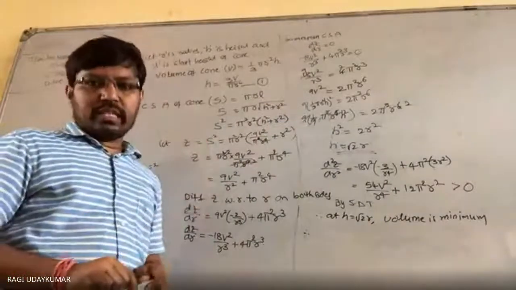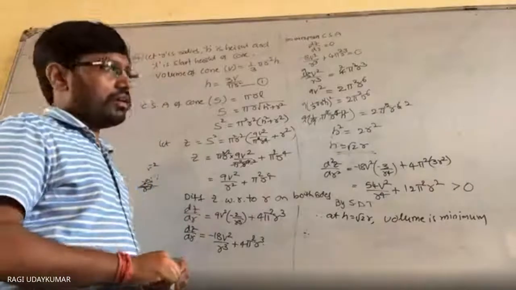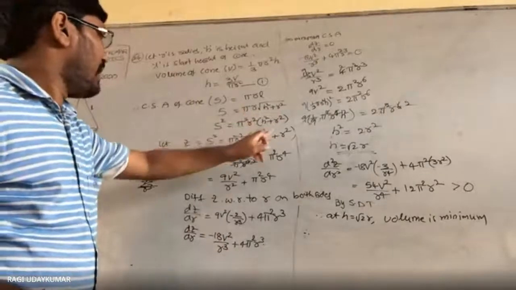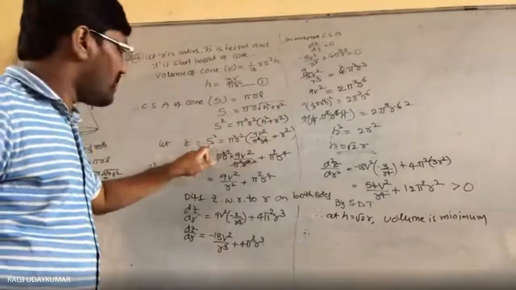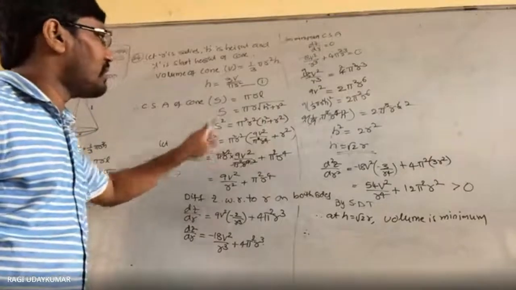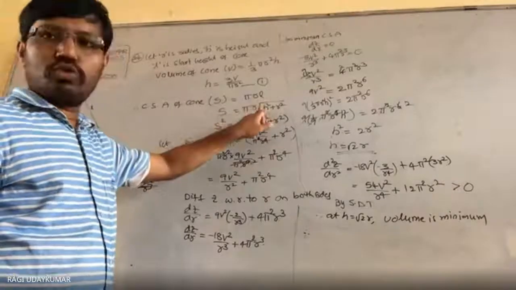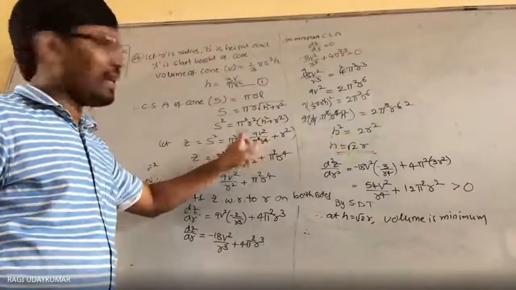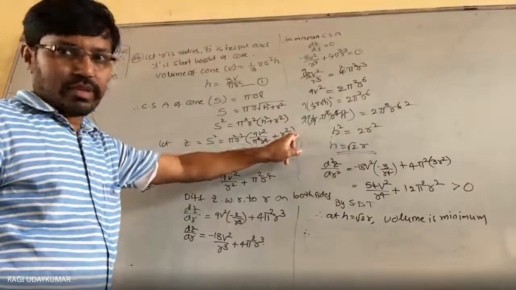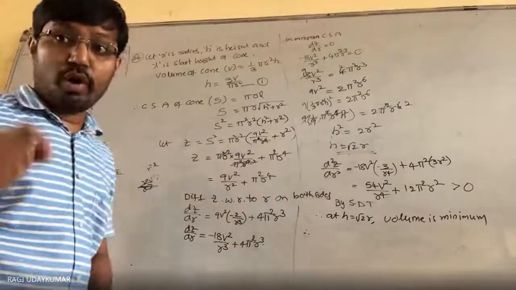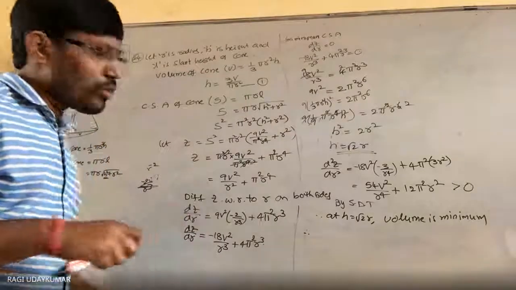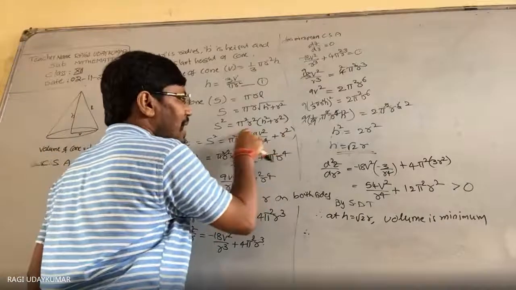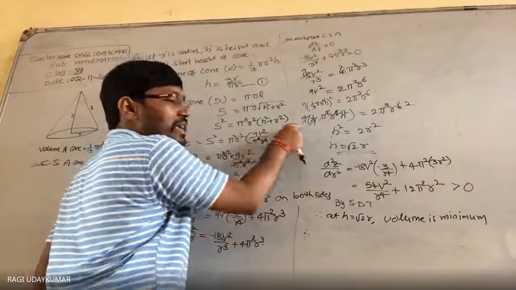Here I have taken x square. Instead of taking x square, if you take it as it is, in the place of h there will be an under root, and inside the under root 9v square by pi square r square will come. Think a little, the problem will be complicated. Whenever you do it like this also the solution is correct. Here r square has an under root, here r, so inside the under root there will be r.